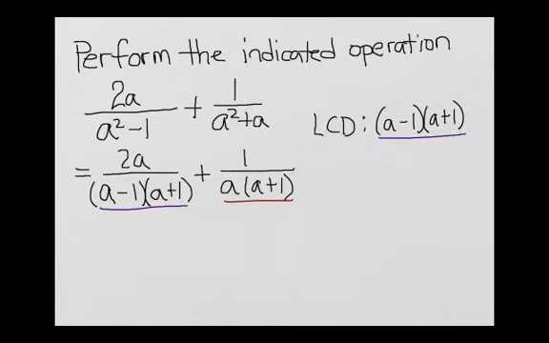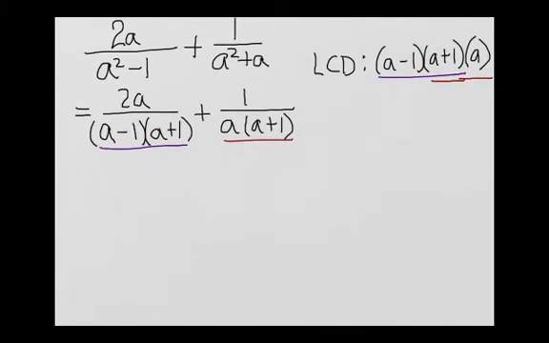Those happen to already include one of the factors from the second fraction, so I need to include the other factor of a, and now we can see we have a denominator that includes all of the factors from both of the fractions. So now we've identified our least common denominator as a minus 1 times a plus 1 times a.